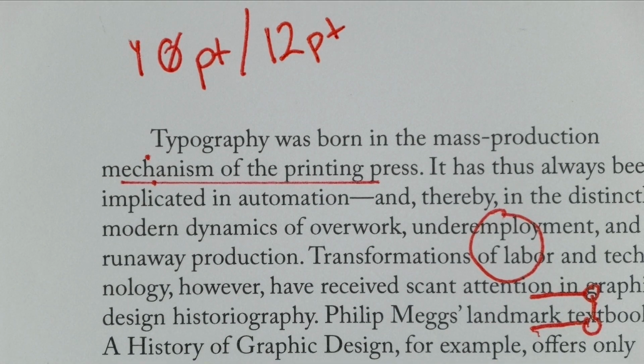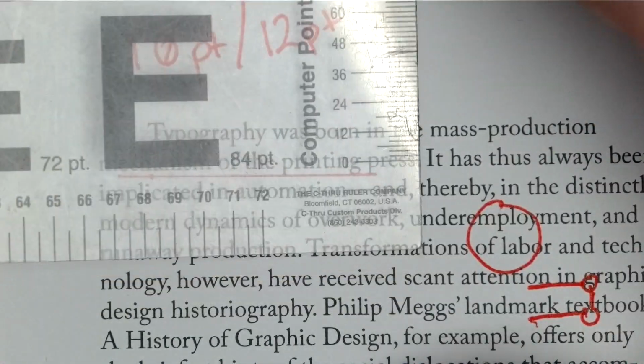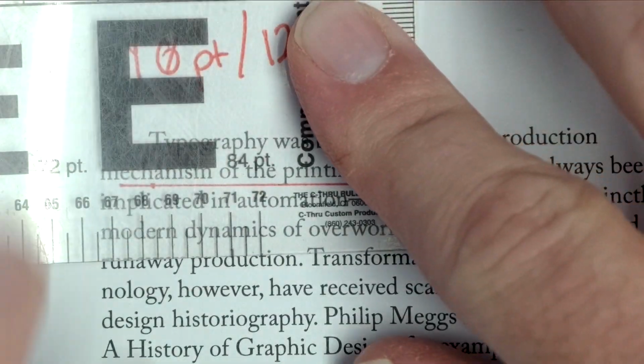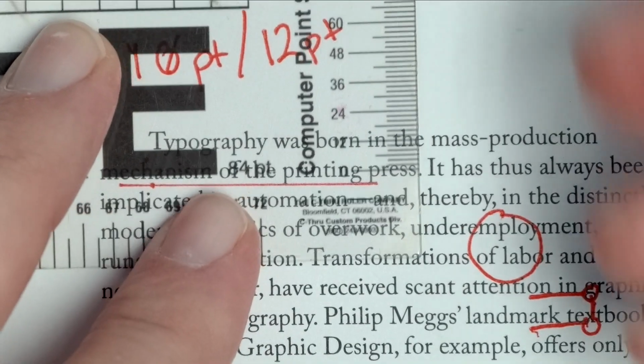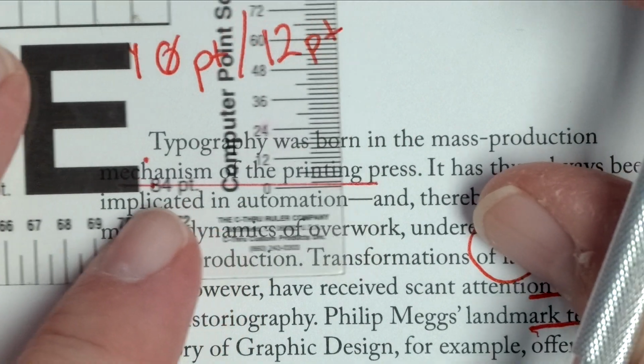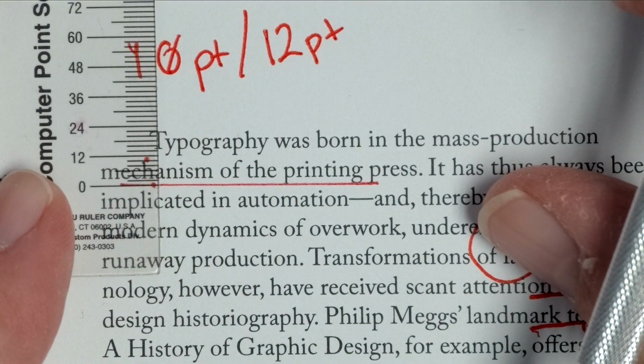So I'm going to grab my type gauge, get the right size going on here. All right. So first I'm going to do the font size. It's a little bit easier to see. I'm going to line up. Got descenders and ascenders here.